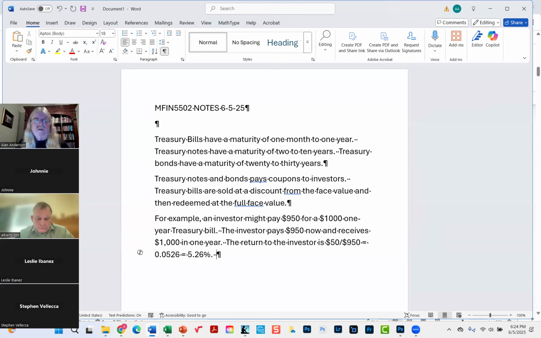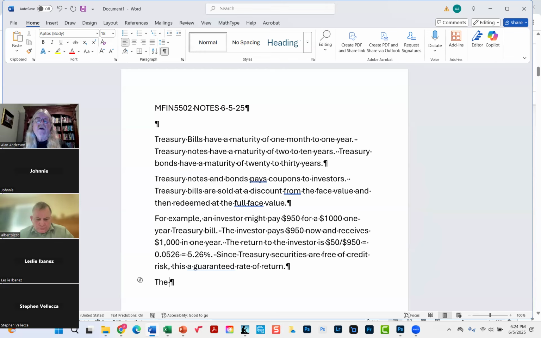Now, here's the interesting part. Since Treasury securities are free of credit risk, this is a guaranteed rate of return. So you're probably saying, well, isn't that true for the notes and bonds?